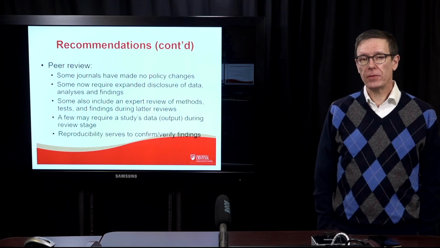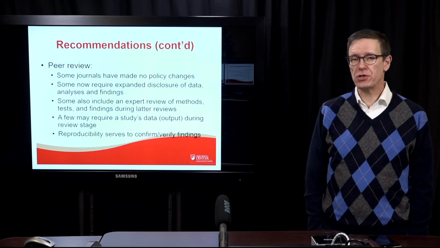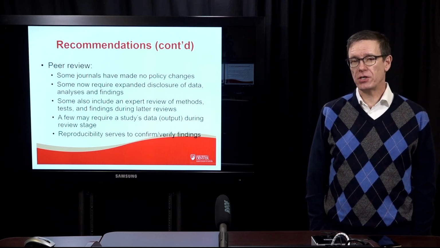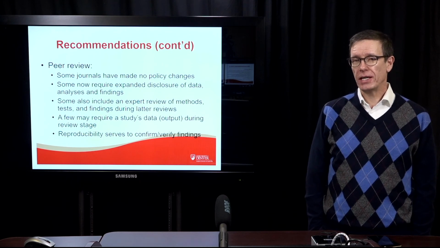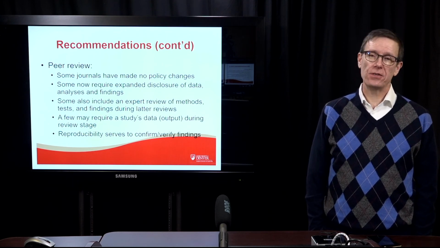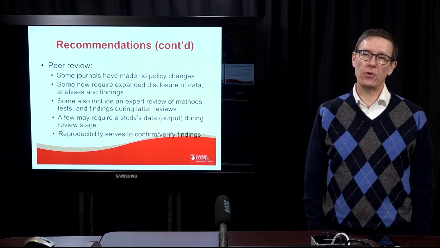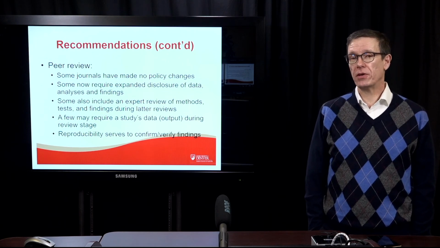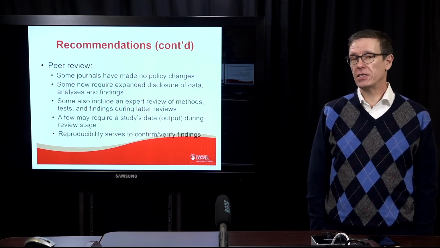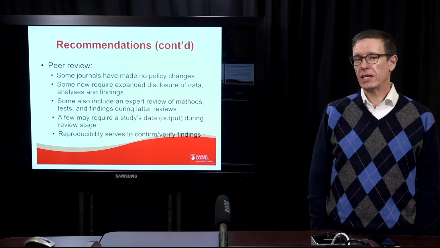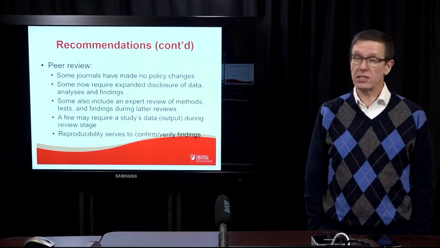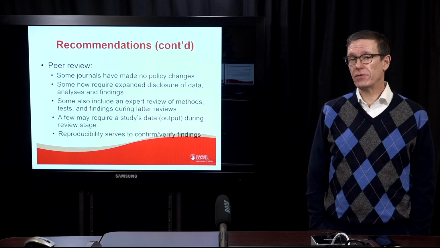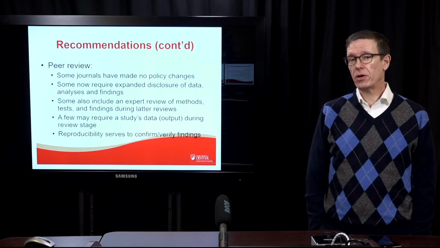In peer review, it's interesting to note that some journals have made no policy changes in response to an increase in retractions, and survey results indicating that authors have committed cardinal sins of data reporting, data fabrication in some cases. We've had other articles that have identified coefficient problems.